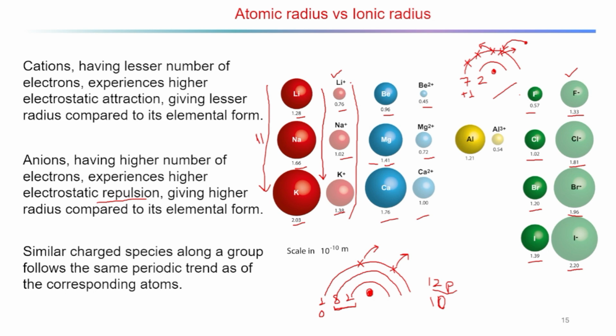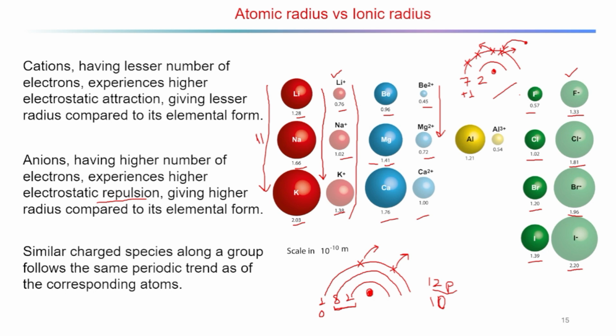So even if you take electron or give electron and convert into ions, you have to convert into the same nature of ion. If it is 1 plus, you have to compare it with 1 plus charge. If it is 2 plus, you have to compare this with the 2 plus charge. If you do so, you will have the same periodic trend as the atomic radius trend.